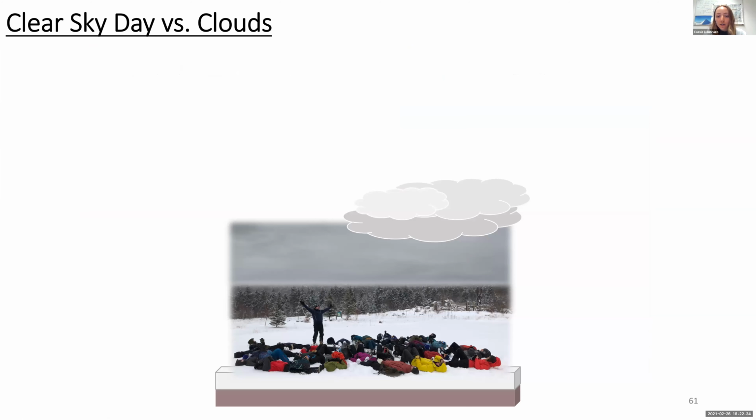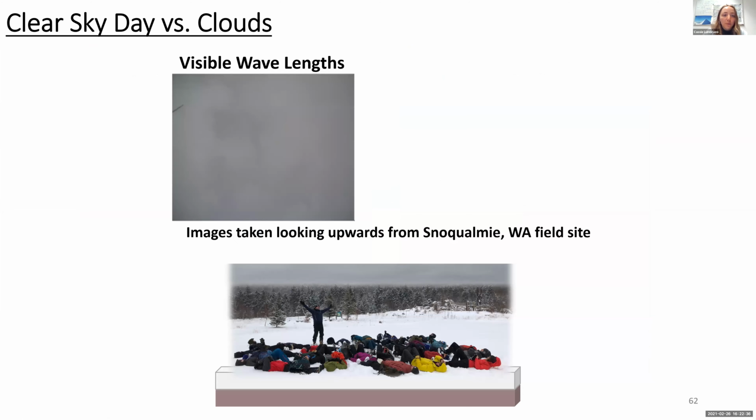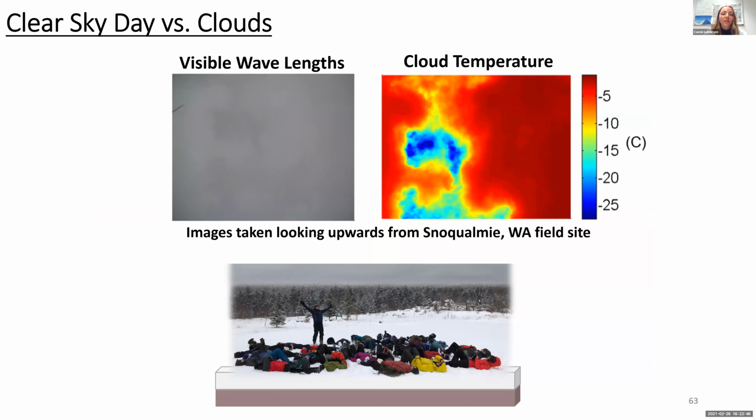So we have our cloudy day, and you're looking up, and it might look something like this. So this is the visible wavelengths photo of essentially looking up and what you would see. What this could actually be is something like this, where you have a cloud temperature, and this is in degrees Celsius. And so you can have some pretty warm clouds, around 5 degrees C, it looks like here.